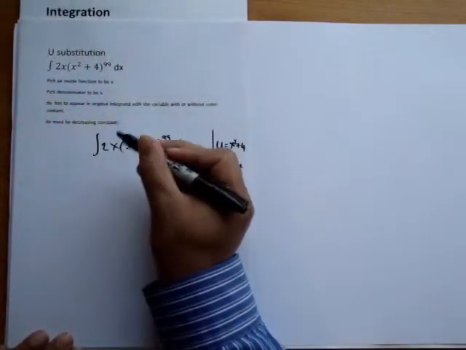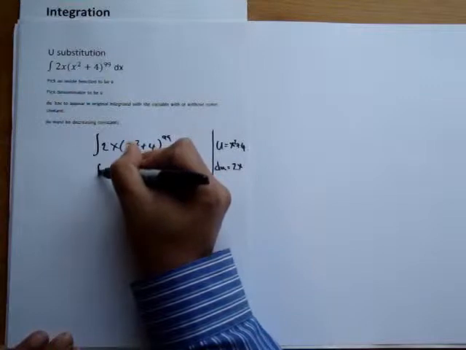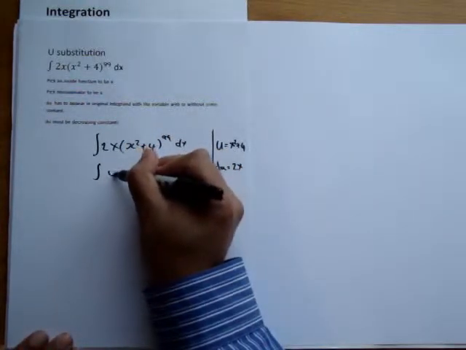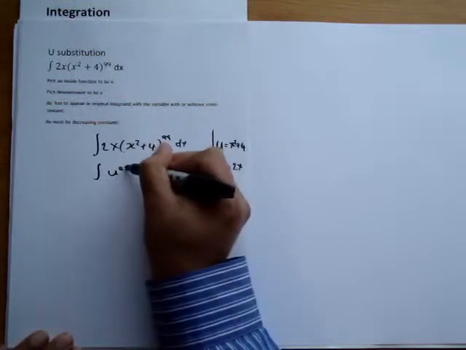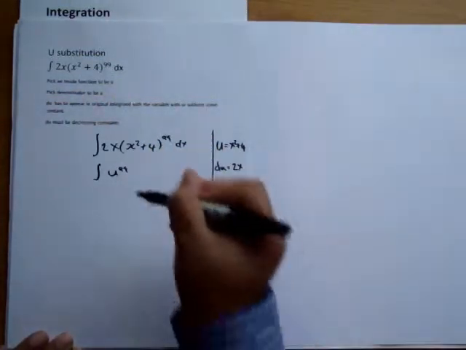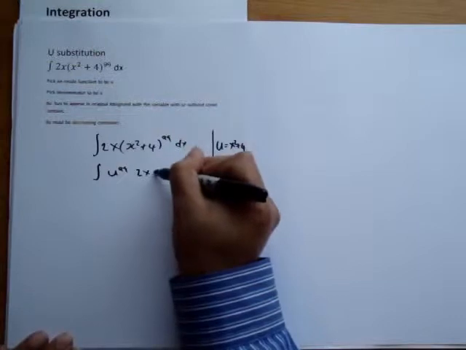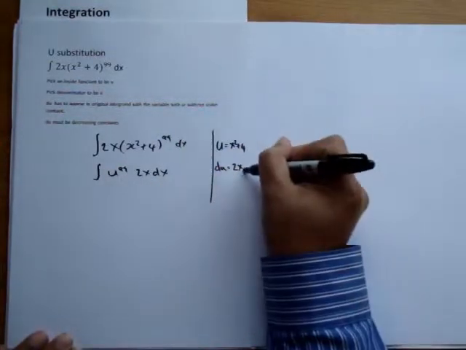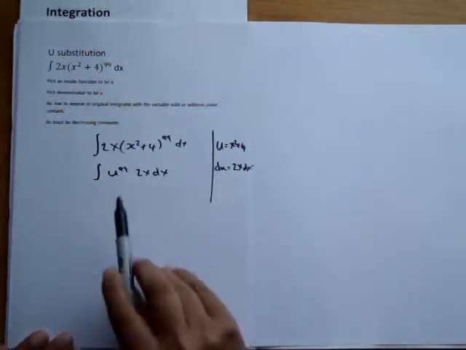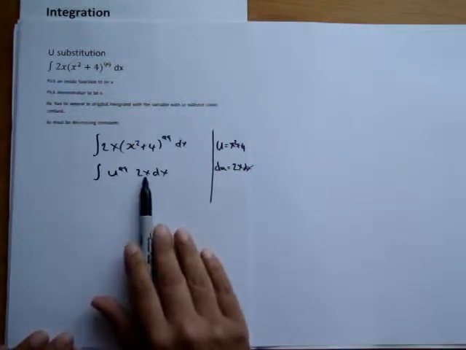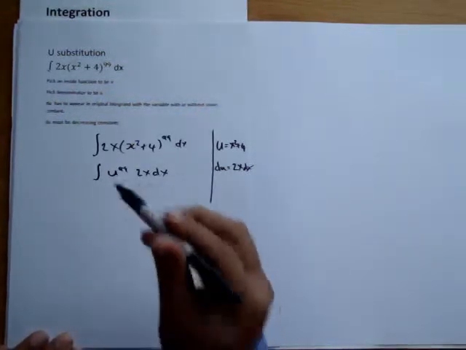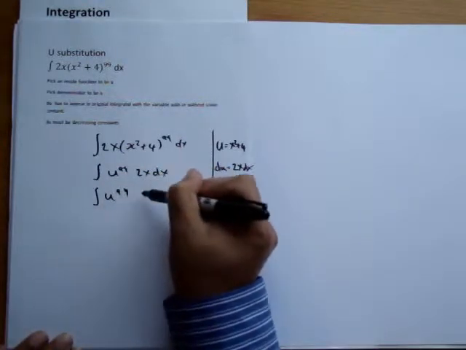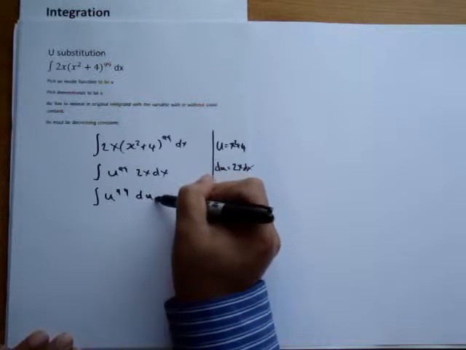So this then becomes the integral of u to the 99 times 2x dx. The 2x dx is nothing but du, so this becomes u to the 99 du.